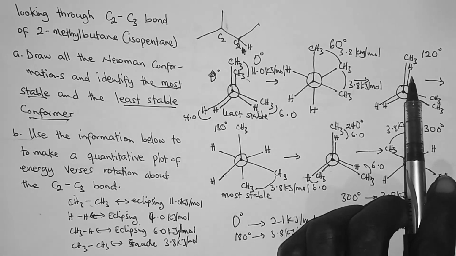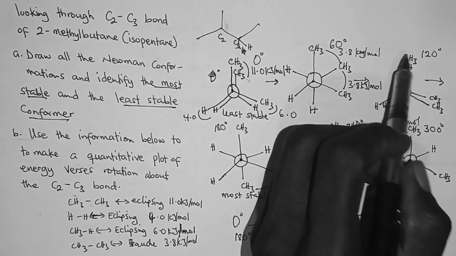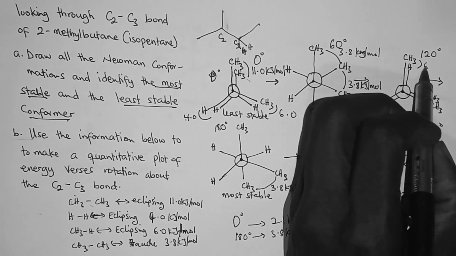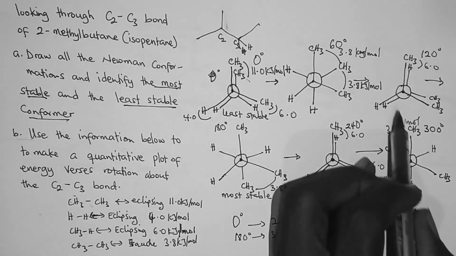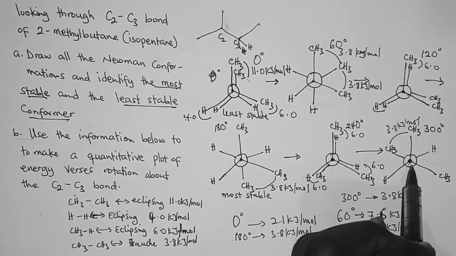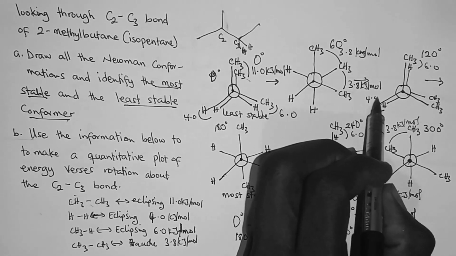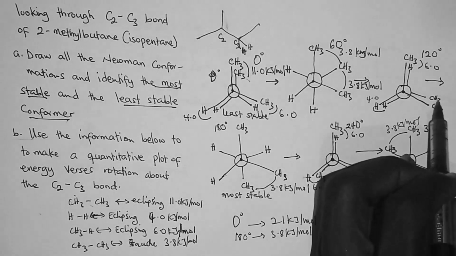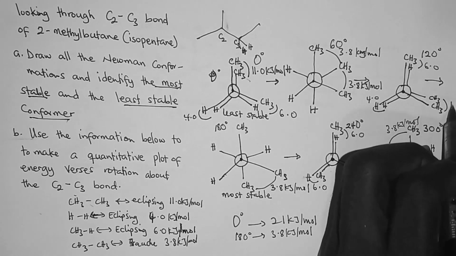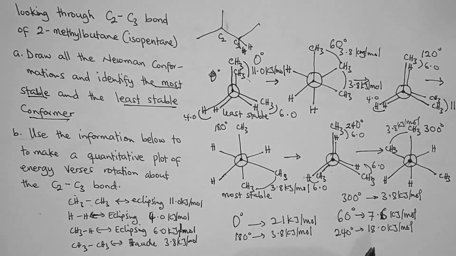So for the 120 degrees, you see that we have a CH3-H eclipsing here, and that is 6.0. And then we have a proton-proton eclipsing. Proton-proton eclipsing is 4.0. And then we also have a CH3-CH3 eclipsing. CH3-CH3 eclipsing is 11.0.